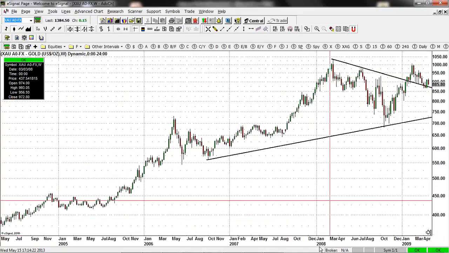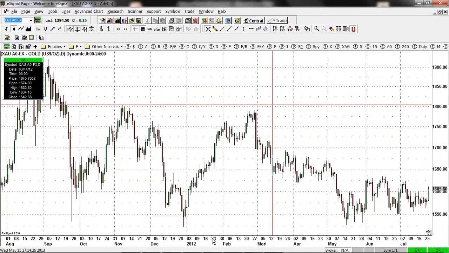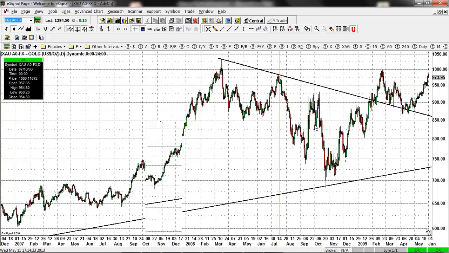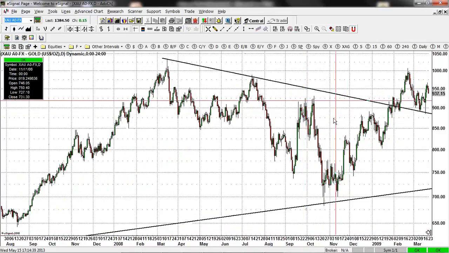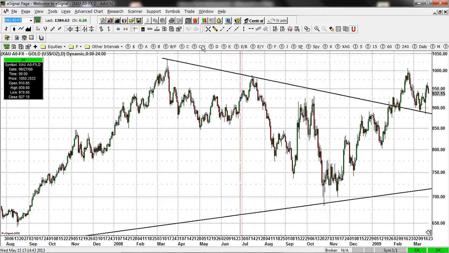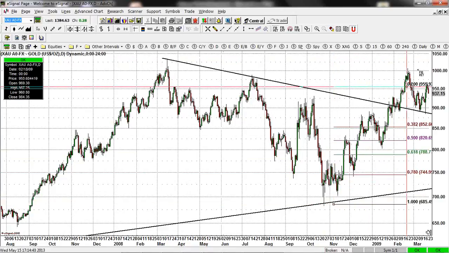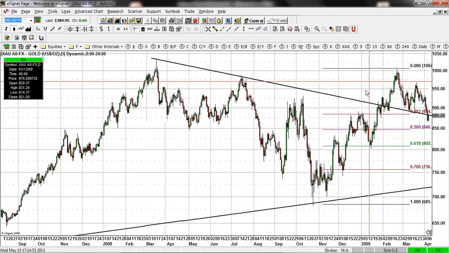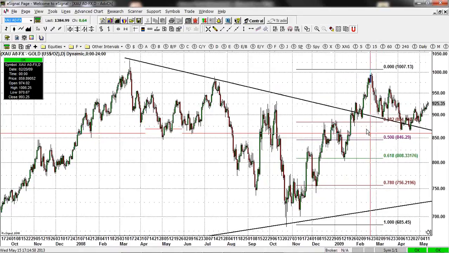So this was in 2008. This will be the trend break. As you can see, the market pulled back to just above the 50% retracement level and then took off.